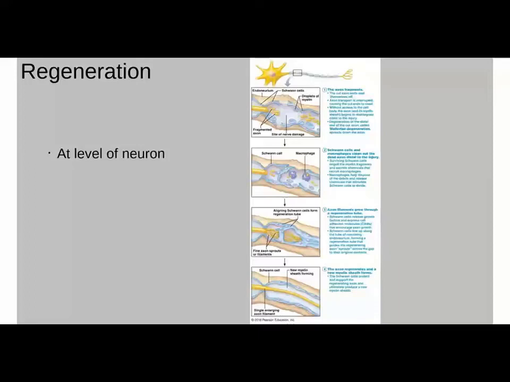Once this cleanup is pretty much over, the Schwann cells begin to reorganize themselves, and they start to form this hollow tube called a regeneration tube.